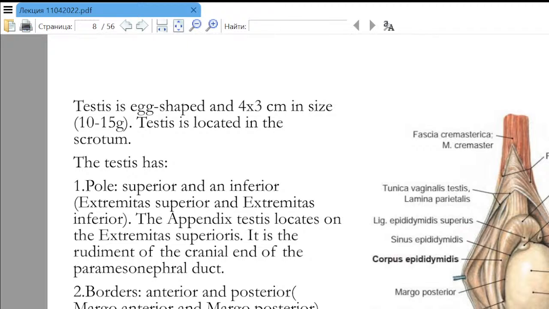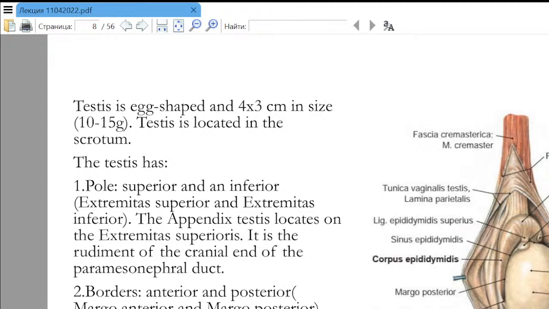The appendix testis is located on the extremitas superior. It is a rudiment of the cranial end of the paramesonephric duct.